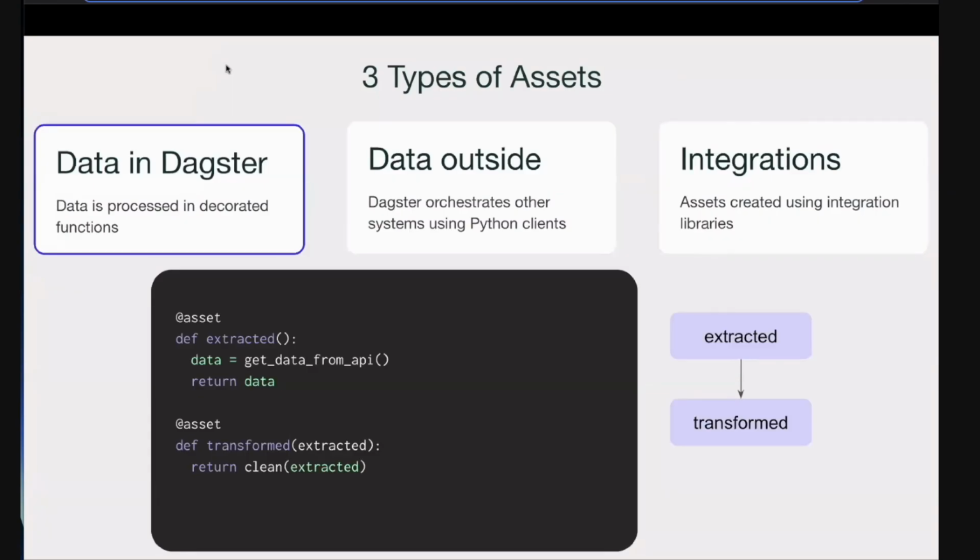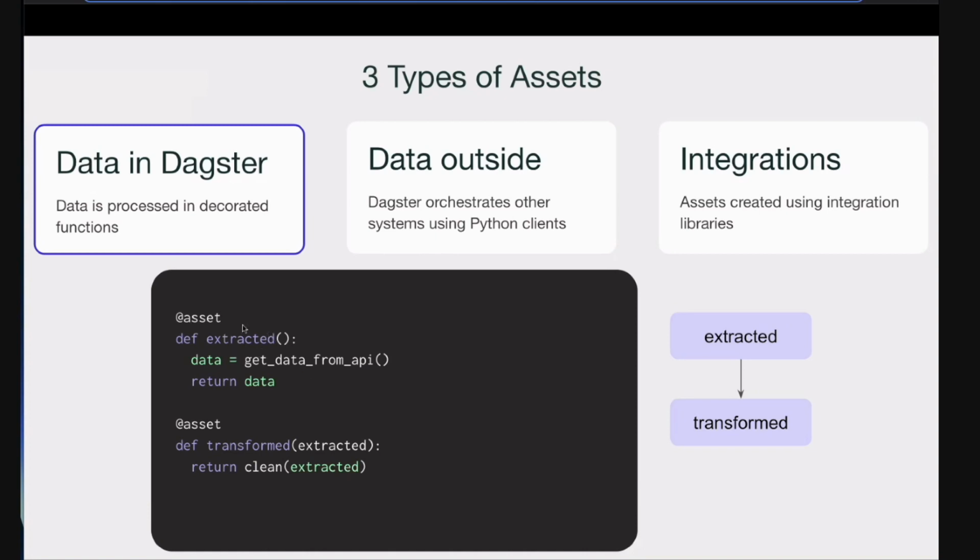Okay, so there are three types of assets that you can add to your project. The first is data that's processed in Dagster. In this example, you can see we have two assets defined, and an asset is just a Python function that has this asset decorator. The name of your function is going to be the name of the asset that's produced.